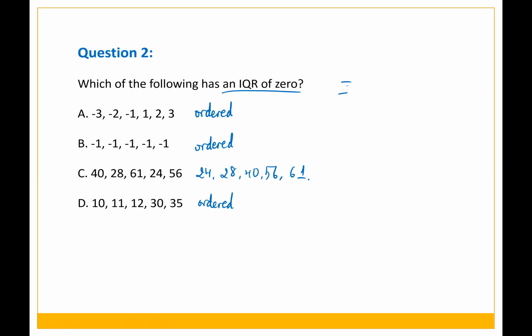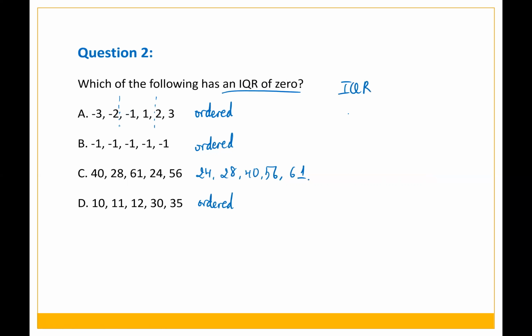Now let's find the IQR. It's lucky for us that we only have around 5 or 6 values for each, so we can easily find their IQR because we can identify their Q1 and Q3 immediately. Here in question 2, you have Q3 minus Q1. We cannot really see exactly what they are, but it's somewhere around -2 and -2, -1, and 1 and 2.